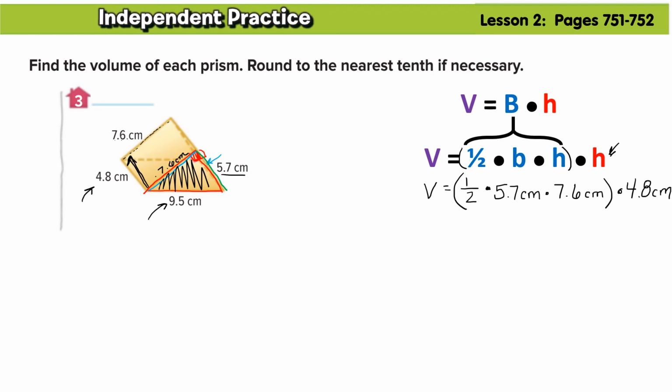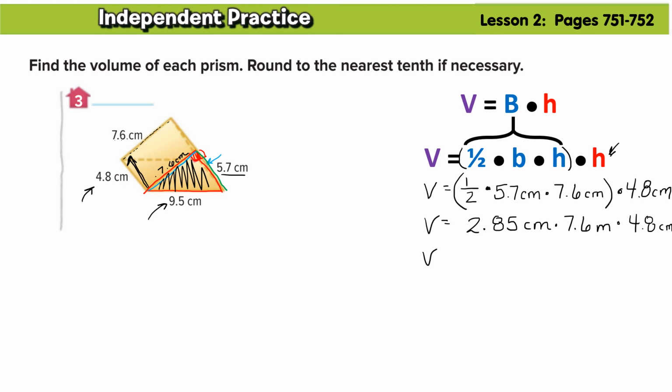All right, so volume equals 1/2 times 5.7 centimeters equals 2.85 centimeters times 7.6 centimeters times 4.8 centimeters.